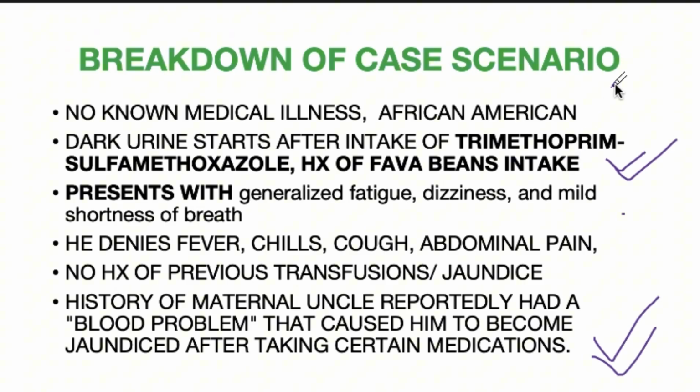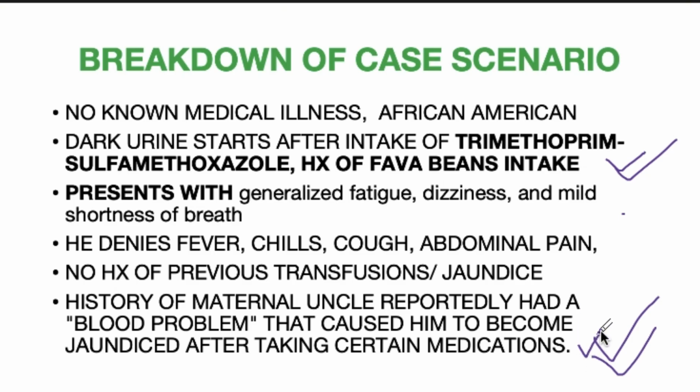Guys, this patient presents with an acute hemolytic anemia characterized by dark urine, hemoglobinuria, fatigue, dizziness, pallor, and jaundice occurring after exposure to an oxidative stressor, that is the trimethoprim sulfamethoxazole and fava beans.